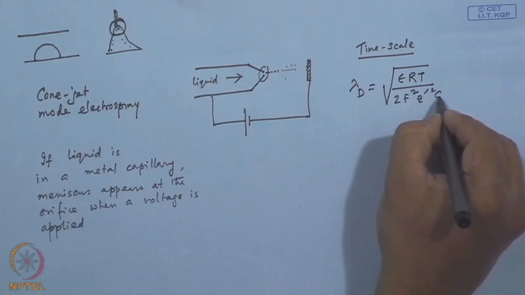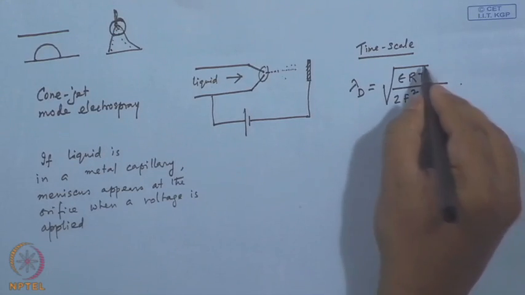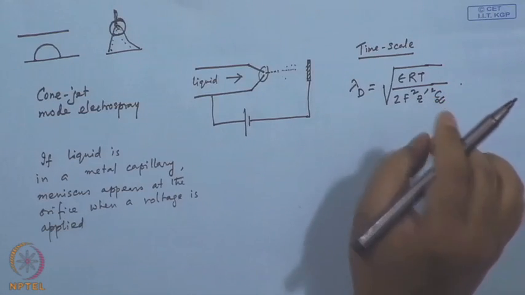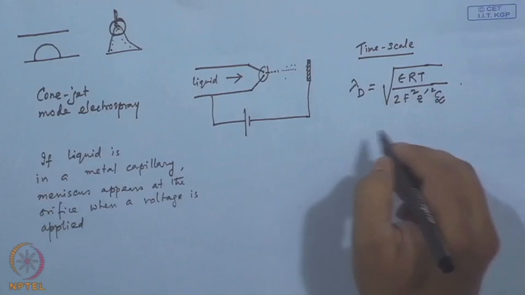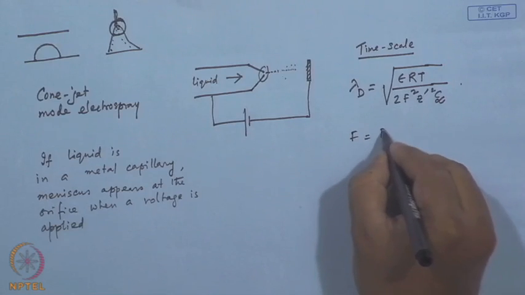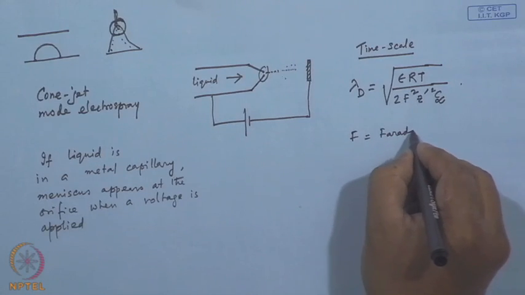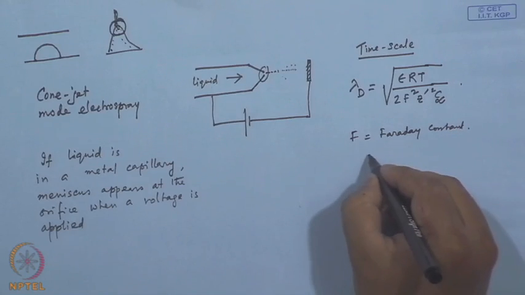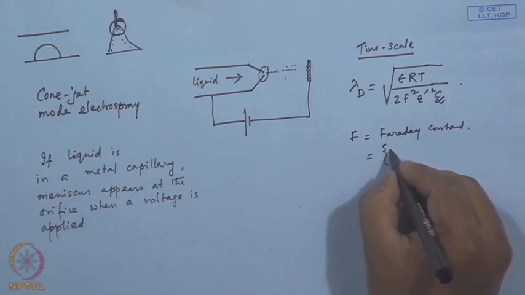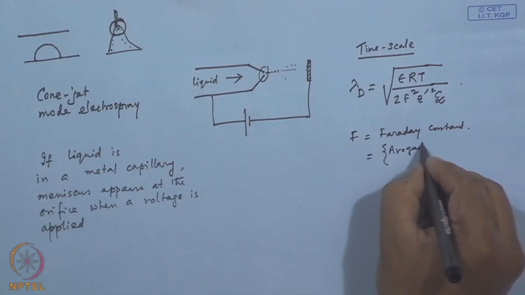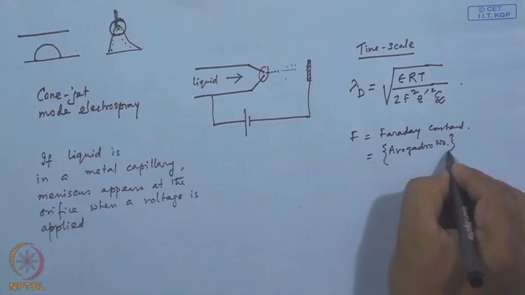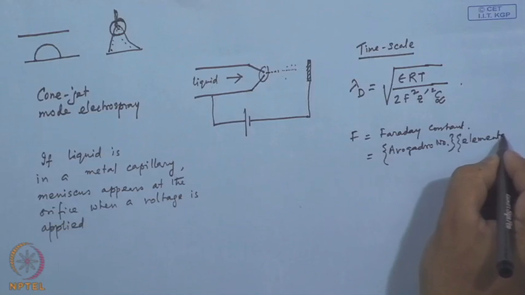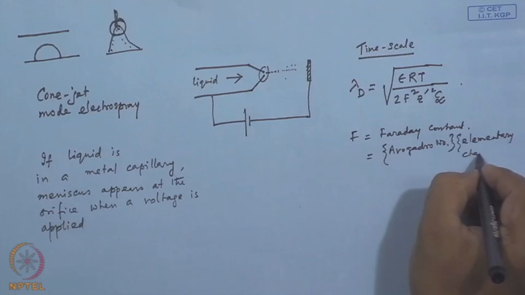You know what these terms are, because we have already discussed them in connection with electroosmosis. F here is the Faraday constant, which is nothing but the product of the Avogadro number and the elementary charge of an electron.